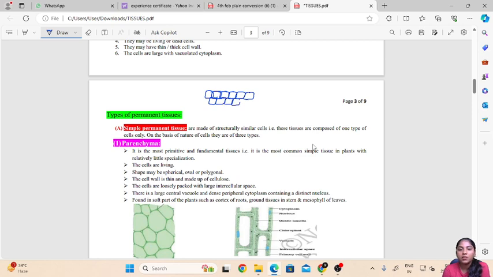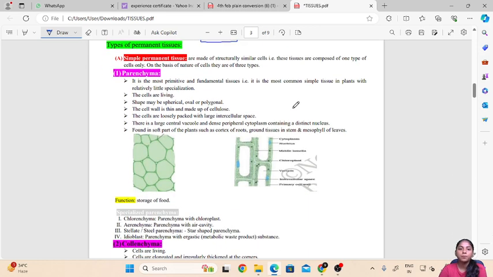Whereas the difference between simple and complex permanent tissue is that in complex permanent tissue there will be different types of cells which will work together to achieve the same function. The structure of cells may be different, but they will work together to achieve the same function. In simple tissues, all the cells will be similar, their structure will be similar.